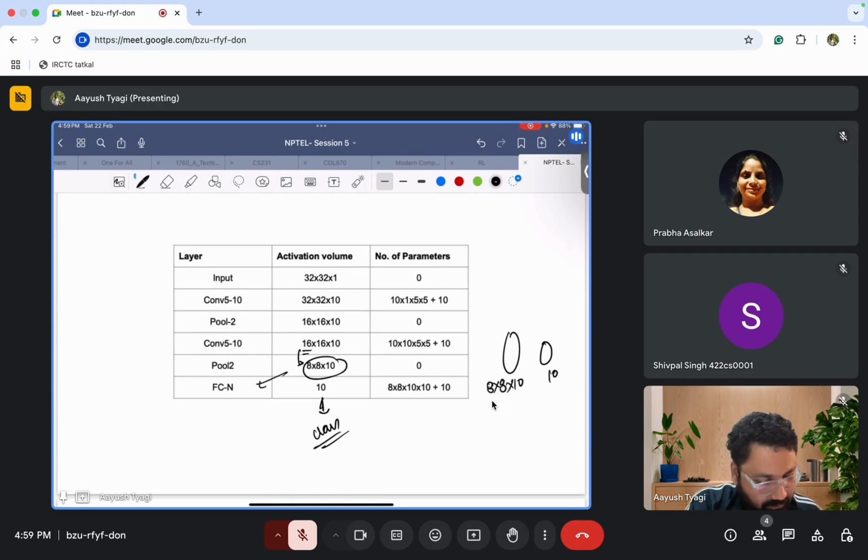So you have this many connections. This is the number of parameters you're learning, and for these 10 outputs you have an additional bias term as well. So 8 into 8 into 10 into 10 is included in the count, and additionally you have the bias term.